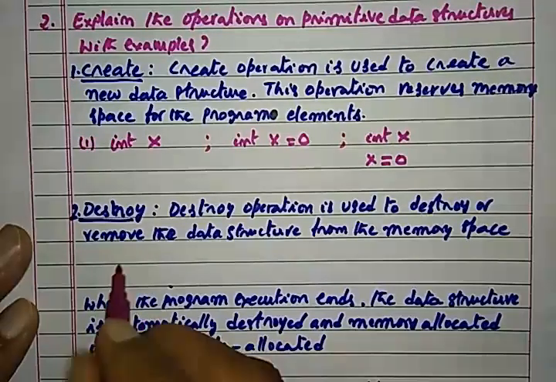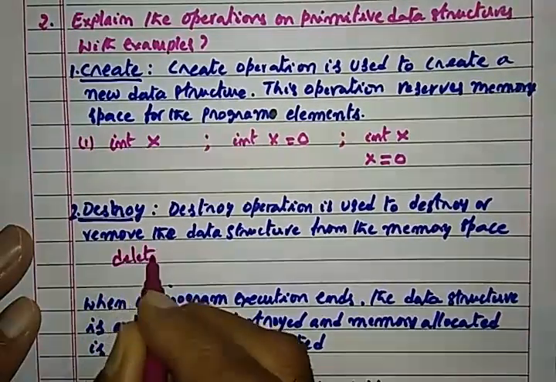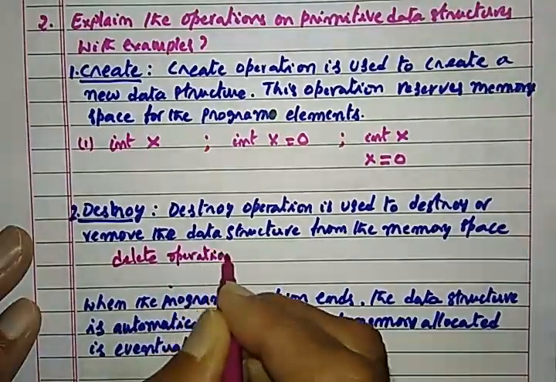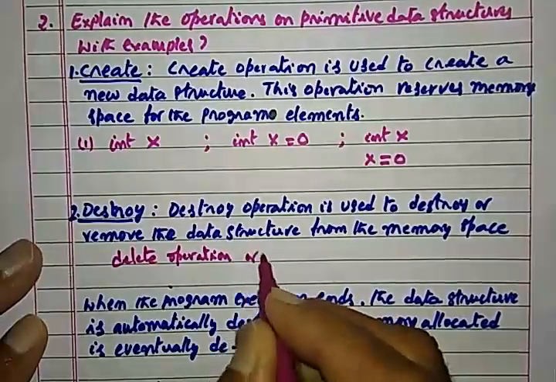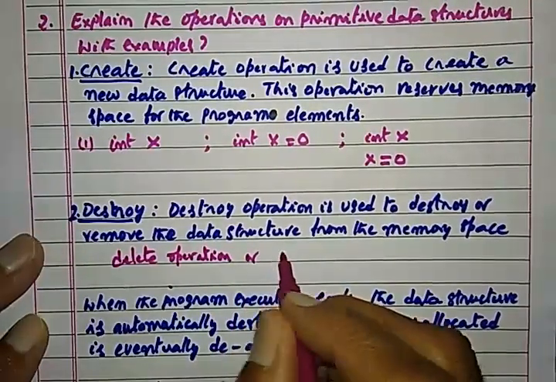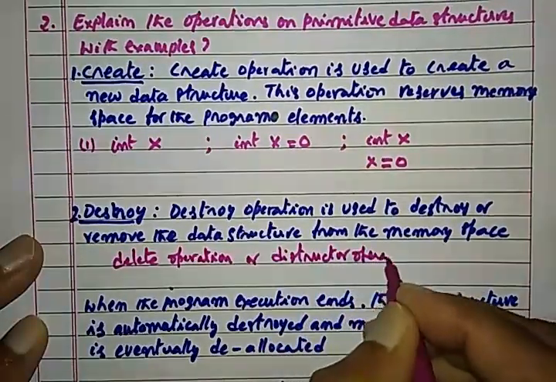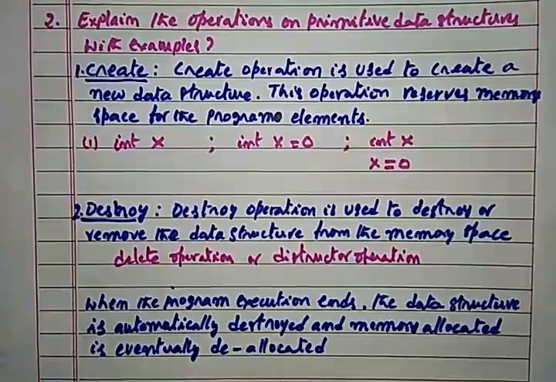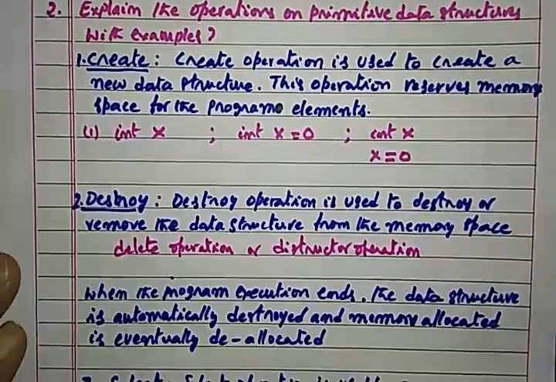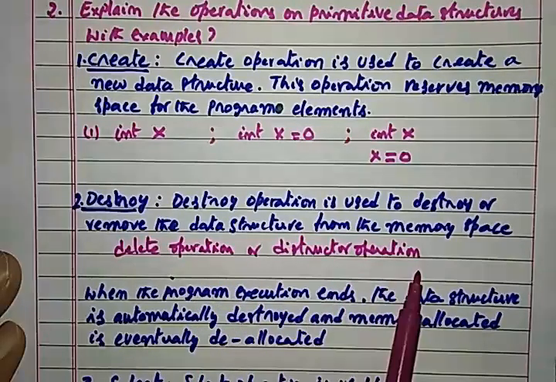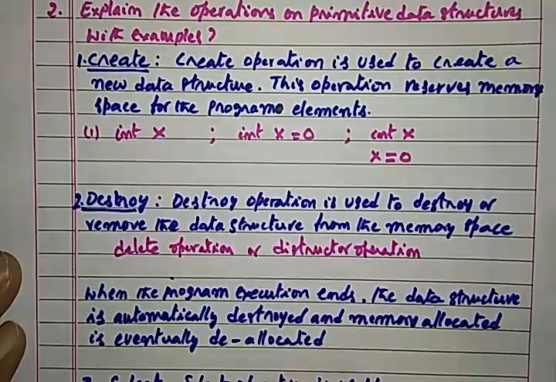That is by delete operation or destructor operation. So these are the two operations. If you write this much, it is enough for examples. You can use delete operation or destructor operation to remove some data.